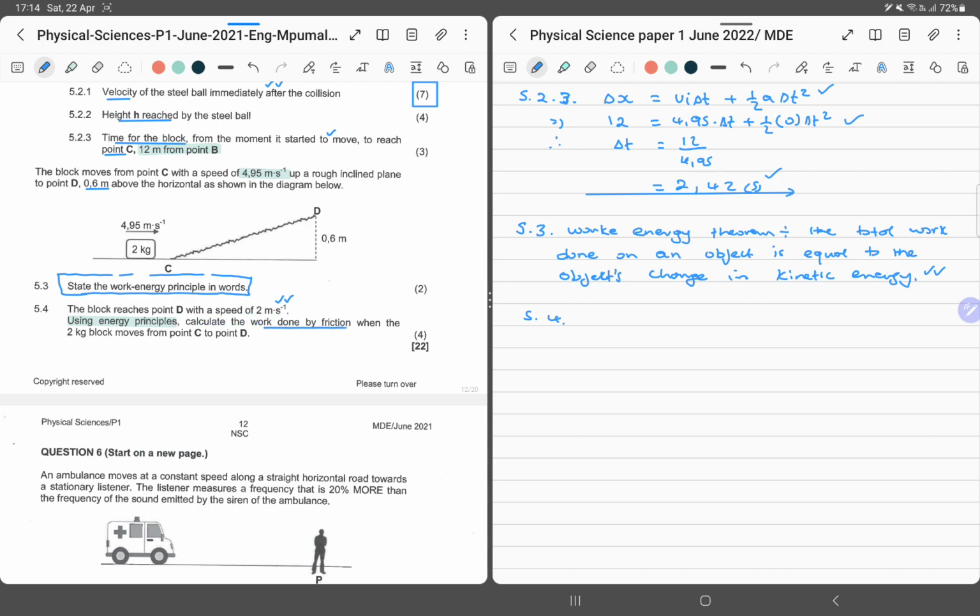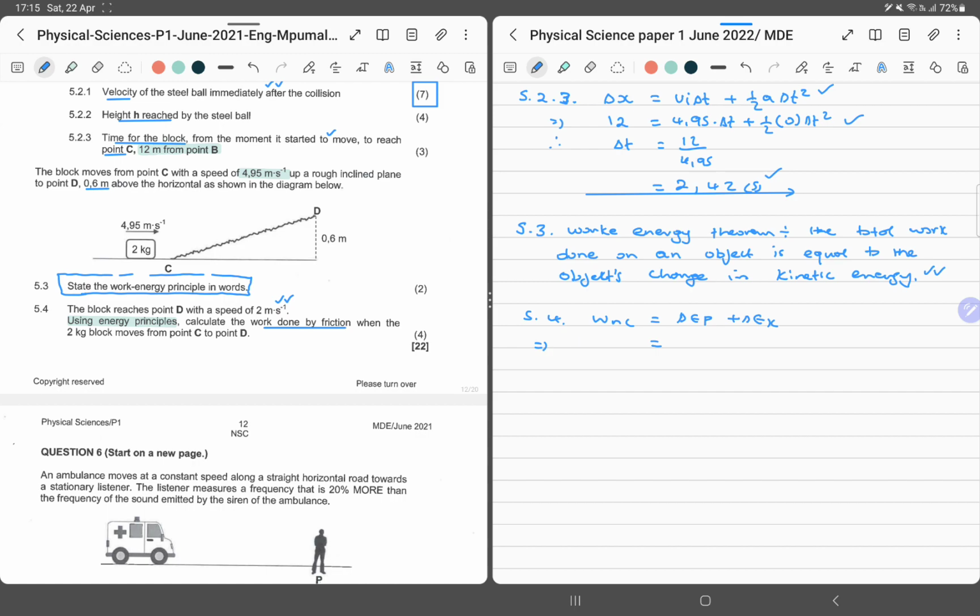Friction is a non-conservative force when the 2 kg block moves from point C to point D. So it's a non-conservative force, so we know that work done by a non-conservative force is equal to the change in potential energy plus the change in kinetic energy. Easy stuff.